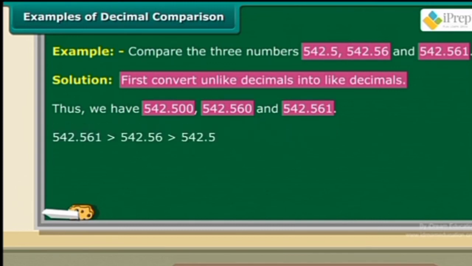So, 542.561 is greater than 542.5 and 542.56. Similarly, 542.56 is greater than 542.5. Thus, 542.561 is greater than 542.56, which is greater than 542.5.